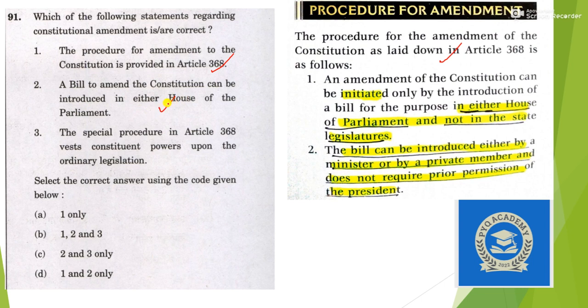Yes, it can be introduced only in Parliament and not in the state legislature. The special procedure in Article 368 vests constituent powers upon the ordinary legislation. No, not ordinary legislation, it is a special power. So this statement will be wrong. So our answer is option D, 1 and 2 only.